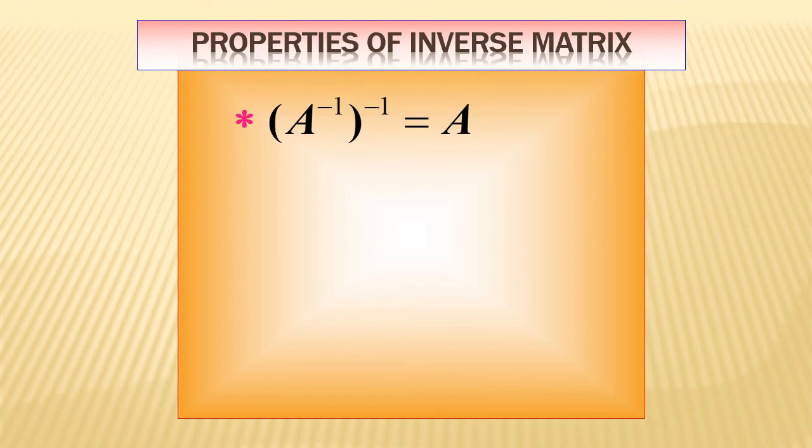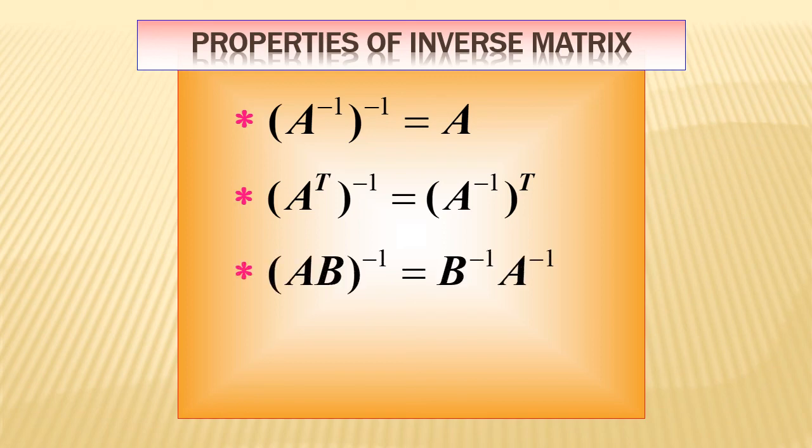Okay, as with the transpose and determinant, the inverse also has its properties. The first one: if we have A inverse, and then we inverse it again, so we have a double inverse here, we will get itself. And then A transpose: if we try to get the inverse, it is the same as finding the inverse of A and then transposing it.